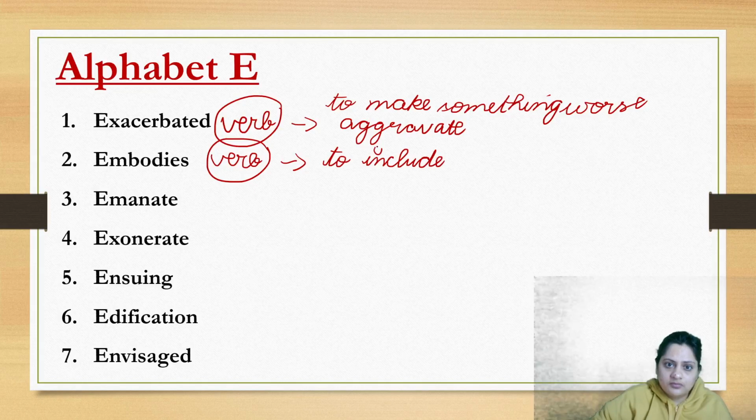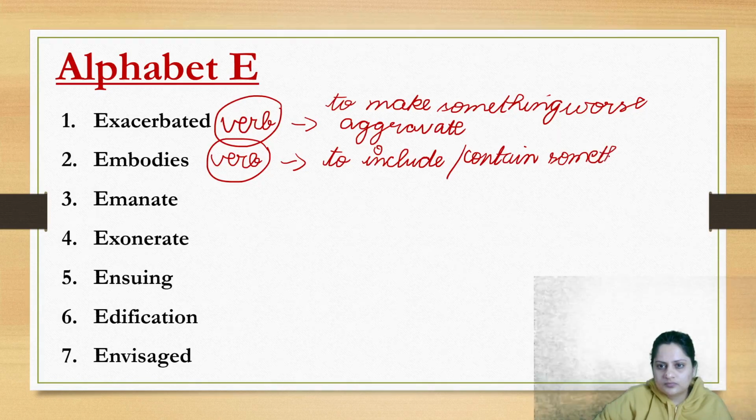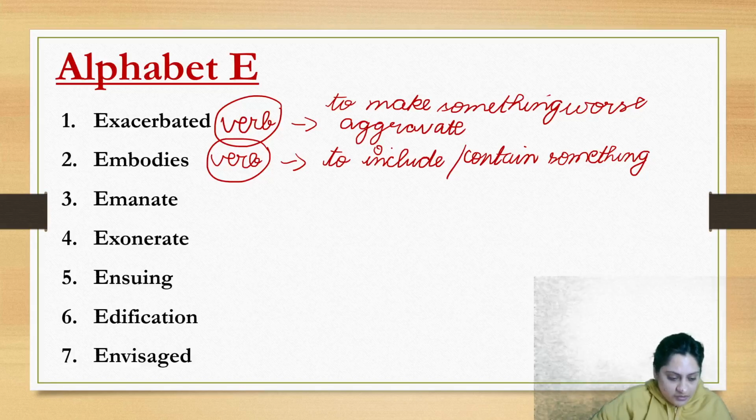Embodies is also used as a verb meaning to include or contain something. So the latest model embodies many new features. किसी चीज का श्रेष्ठ उदाहरण होना भी होता है embodies. He embodies all the best qualities of a teacher.